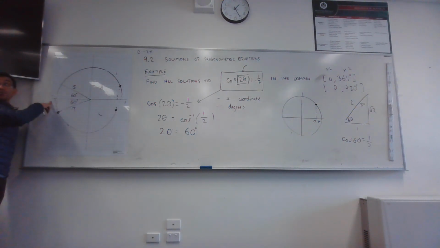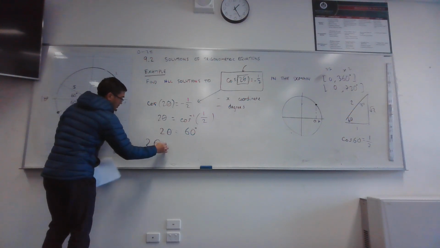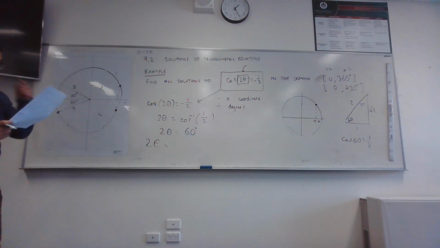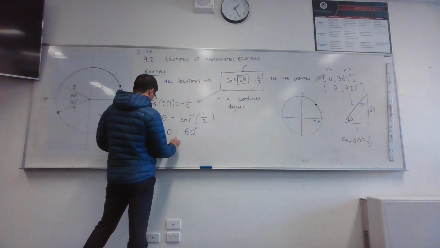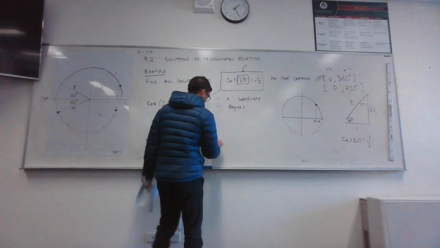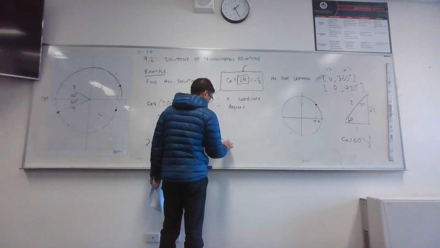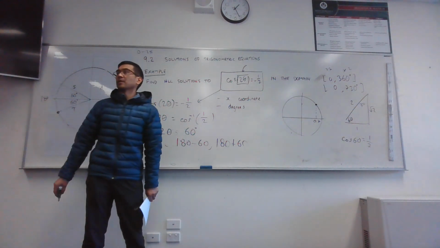We're not doing pi anymore. What's pi here in degrees? 180. What's our first answer? It's going to be 180 what? Good. 180 minus 60. What's the next one? 180 plus 60.